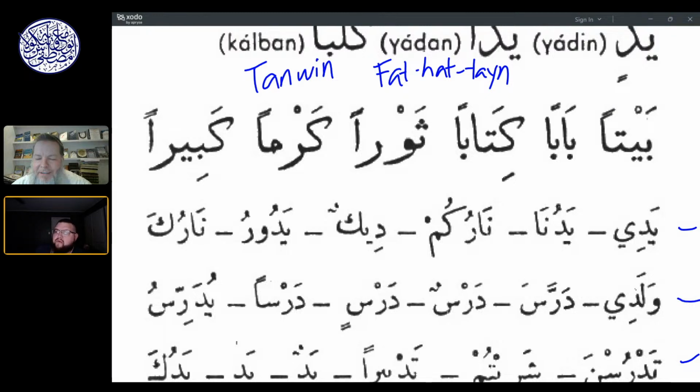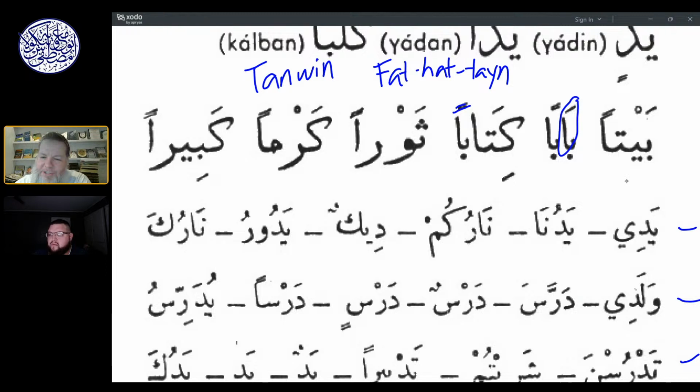So when it has the fathatain, I don't have to pronounce the aleph. No, the aleph never has a sound anyway. The aleph in and of itself doesn't have a sound. It only carries a sound. As it makes this long, or it helps carry the fathatain, right?